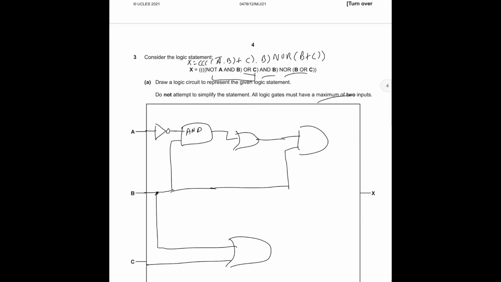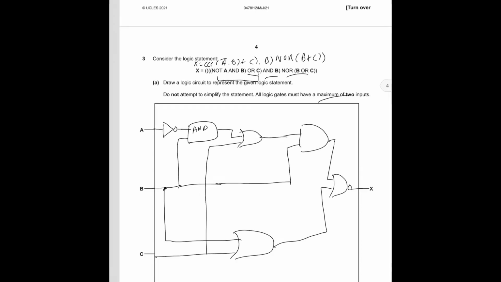So we go with the NOT of B or C, everything that is not B or C, and they all go through a NOR gate. This is the symbol for the NOR operator. I think that's it. The logic gates look pretty good, no errors made. Next portion.